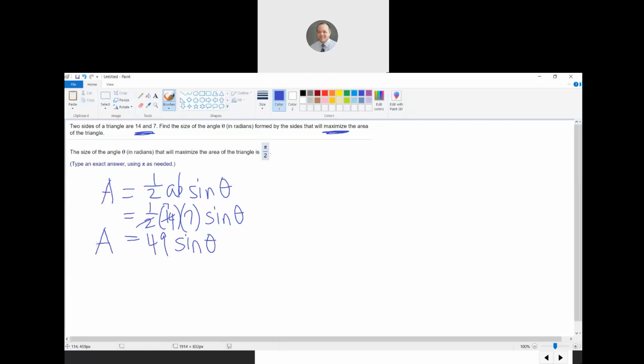We're ready to take the first derivative. So A prime is equal to 49 cosine theta.